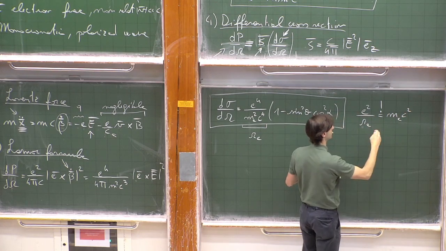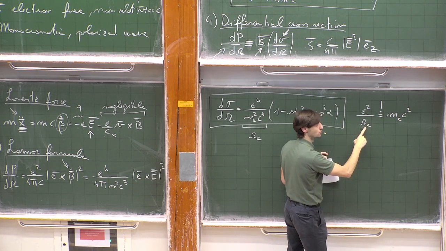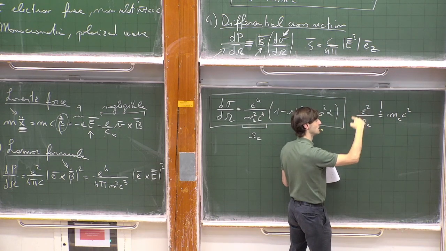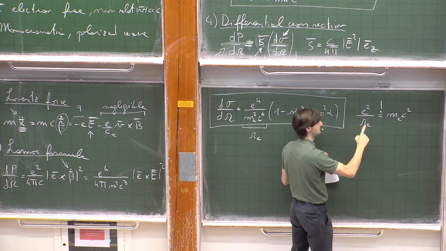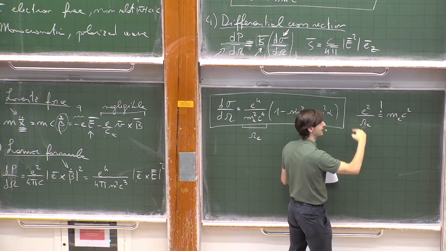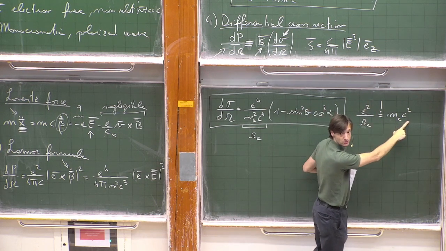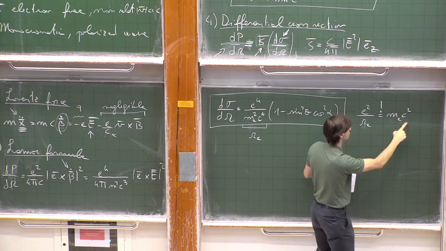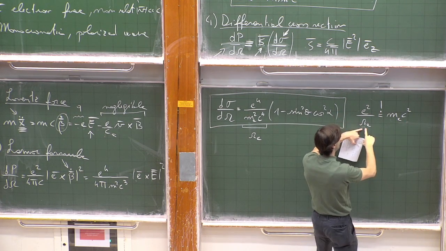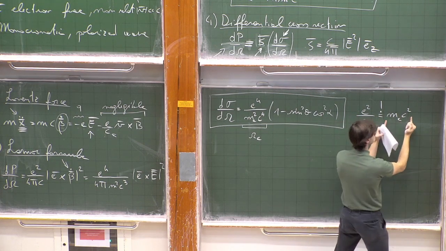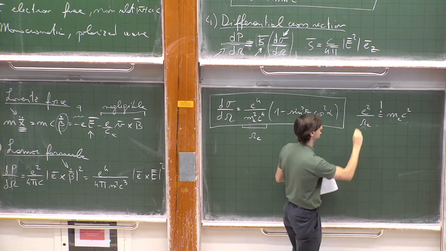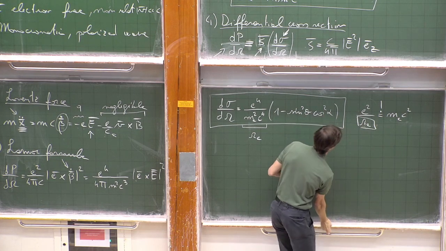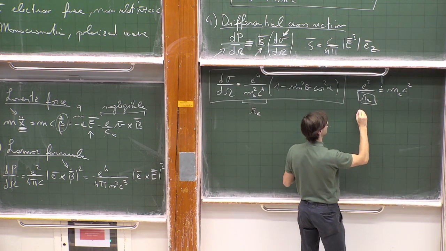So what is the radius at which the electric energy is equal to the rest mass energy of the electron? That's our classical radius for the electron.